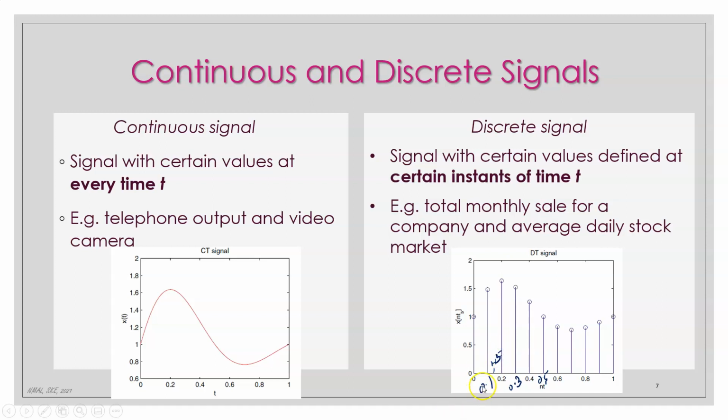There are only signals at certain times, and the time interval for this example is 0.1. Time interval means the duration between one signal and the next. From 0.6 to 0.7, the gap is 0.1, so that is the interval. Examples are total monthly sales for a company and average daily stock market, which are also considered discrete signals.